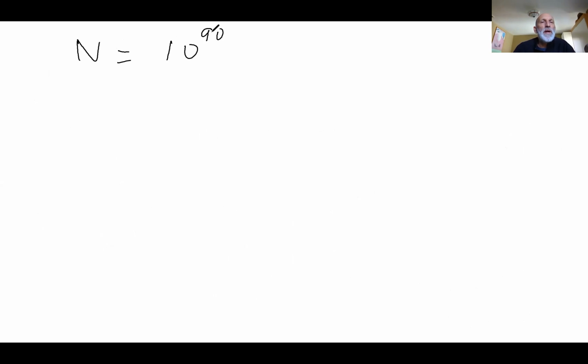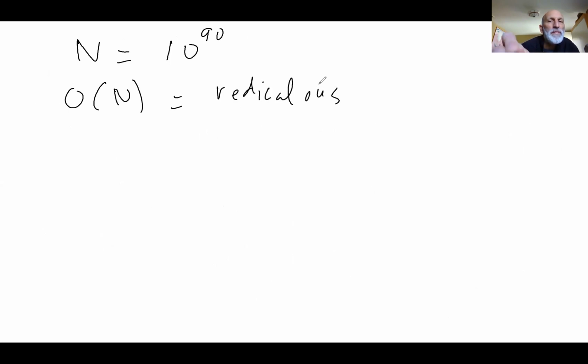And if you look at all the molecules in the universe, a friend of mine, a physics person, said it's definitely less than 10 to the 90th. So what happens if we look at 10 to the 90th? Well, the running time of order n on 10 to the 90 is ridiculous, right? It's longer than the universe has been around for, and not possible, right? It's way longer than since the Big Bang.